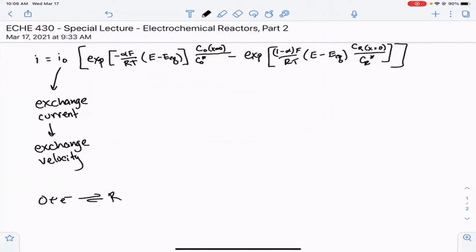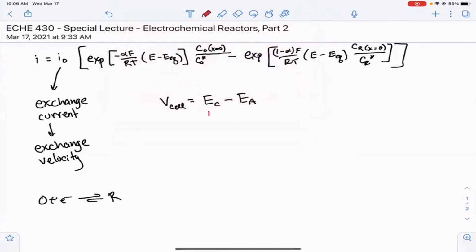Well, it's related to the cell voltage. So remember, we said in our last lecture that the cell voltage was equal to the cathode potential minus the anode potential, okay? And if we want to look at this, well, this cathode potential, and maybe here, I'll do this first. Our cathode potential has two parts to it, right?